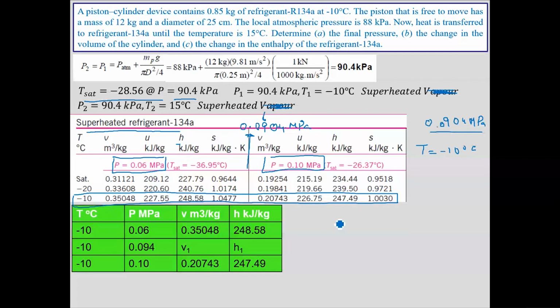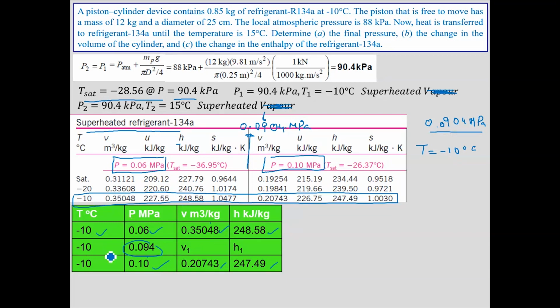At minus 10 degrees centigrade, for 0.06 megapascal, specific volume and enthalpy are given. For 0.1 megapascal, they are given as well. For 0.09 megapascal you will find the values using interpolation.